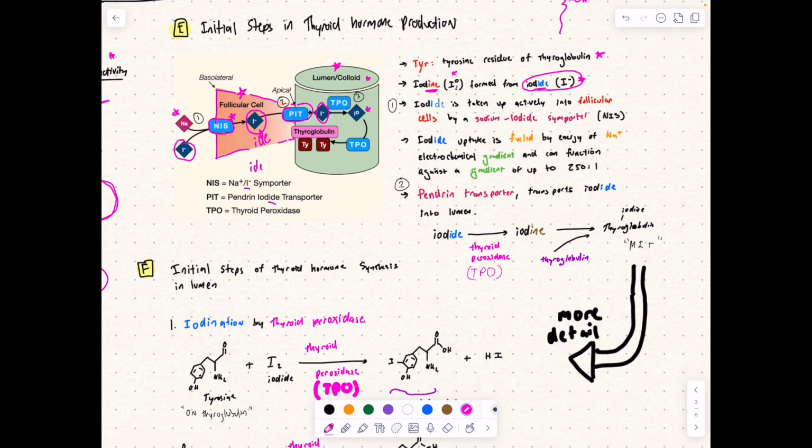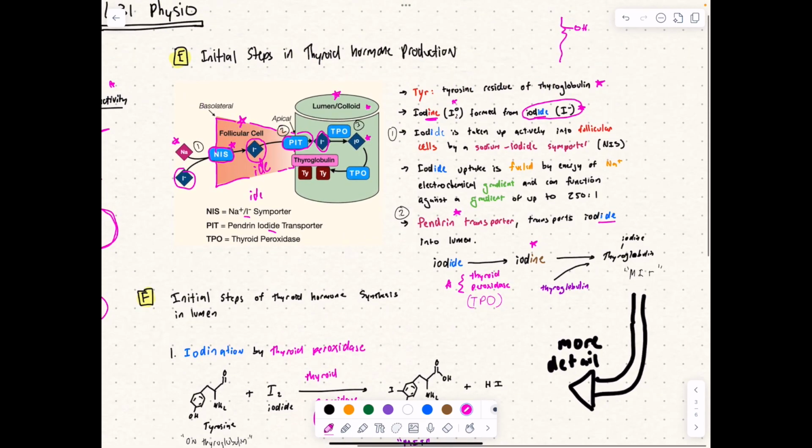Once it's in the lumen of the follicle, as a result of this pendrin transporter, the iodide, sorry, it's so hard to say this, iodide gets converted into iodine by thyroid peroxidase. And thyroid peroxidase has a couple of functions. The first is to take us from I- to I2, iodine, right?